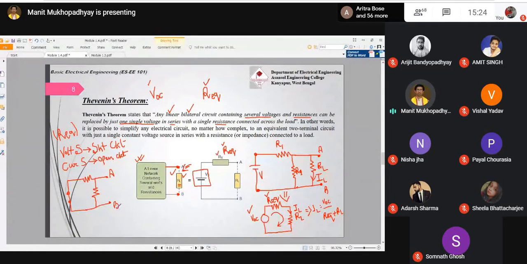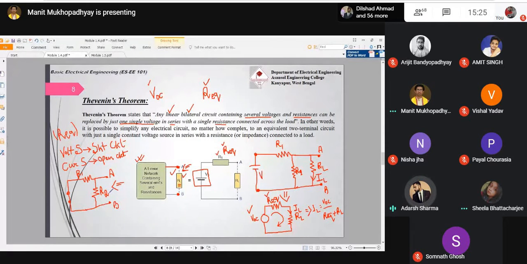Now we will calculate the R equivalent seeing from this side. Can you tell me what is the equivalent resistance RAB, the R equivalent value?